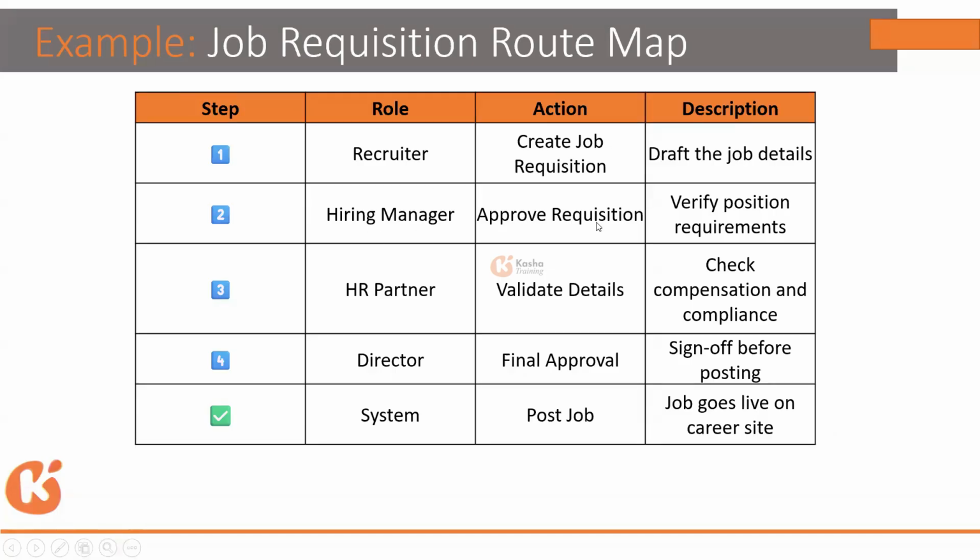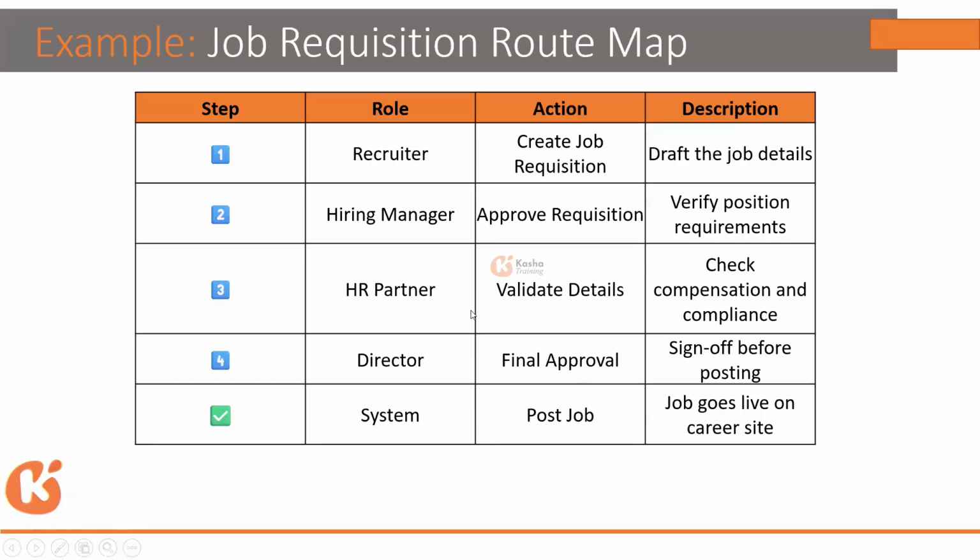The hiring manager checks the position and approves it. Then it goes to the third step, your HR partner. The concerned HR partner checks the compensation and other compliance details, validates them, and approves. The final approval comes from the director, which is the sign off.